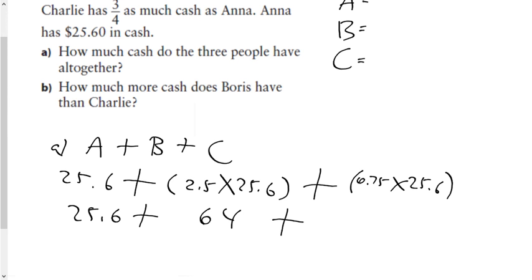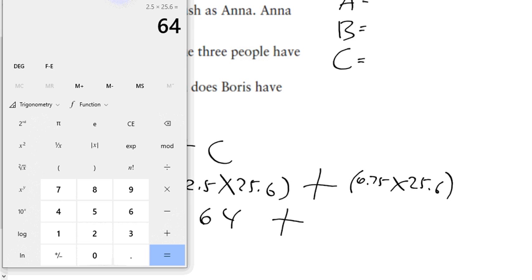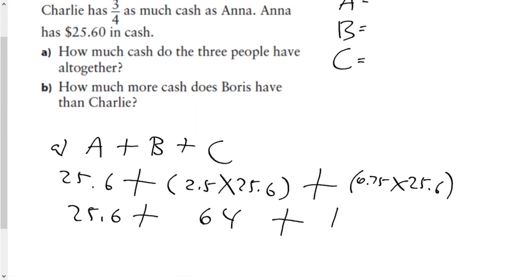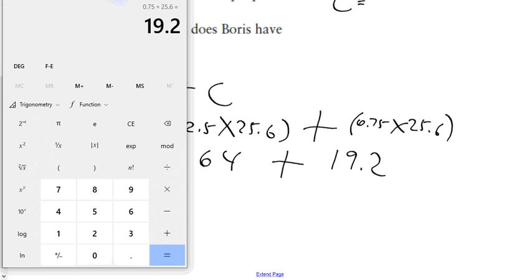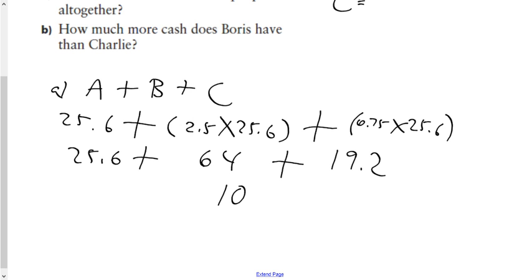And Charlie has 3/4 or 75%, 3/4 of Anna's money. She has $19.20. And now that we have that, we did our multiplication first. Now we're just going to add them all together. So grab my calculator one more time and go $25.60 plus $64 plus $19.20 equals $108.80.